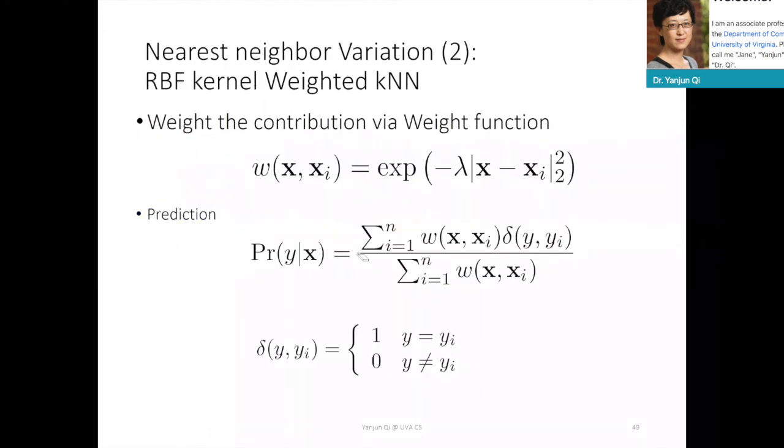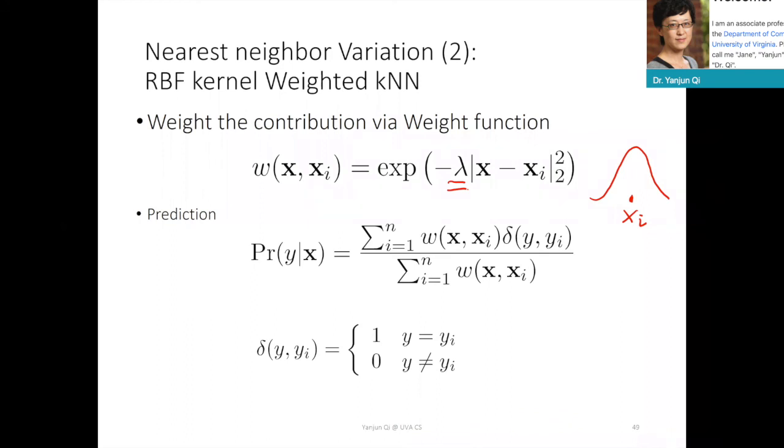Okay, another way to do the weights is our old friend the kernel, this RBF-based kernel. We can again calculate a bell shape, and the bell uses one of the training data points as the center, and you can design the lambda to control the width of the bell. Then I just make my prediction. This is a classification case.